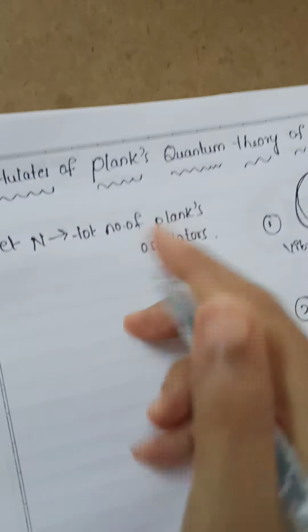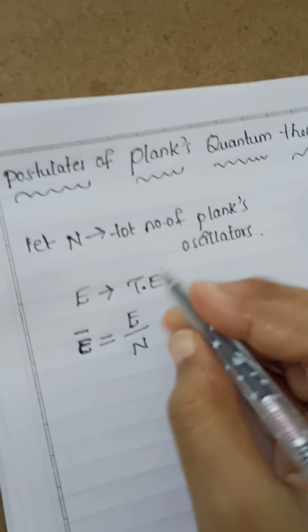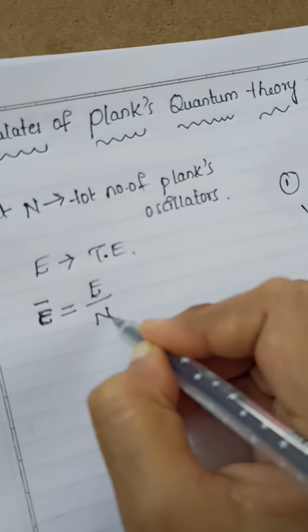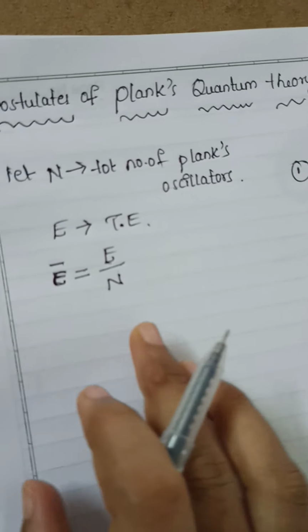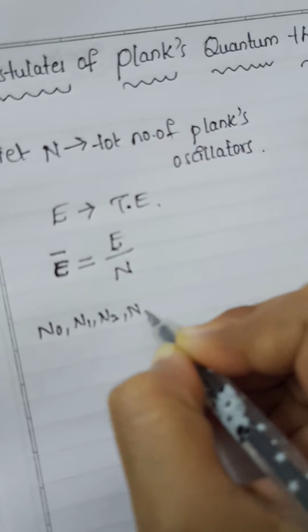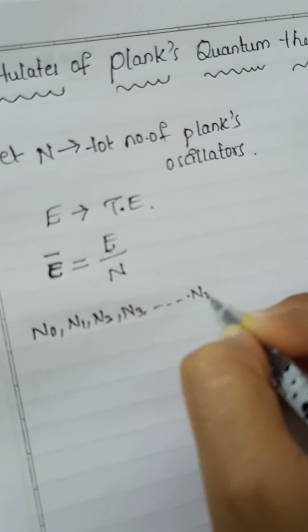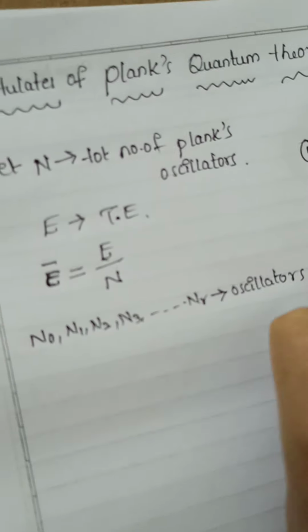Then what is the average energy per Planck's oscillator? The average energy E bar can be represented as E by N, total energy divided by the total number of Planck's oscillators. We know there are N0, N1, N2, N3, and so on up to Nr oscillators.